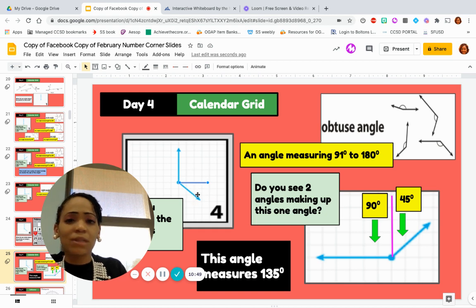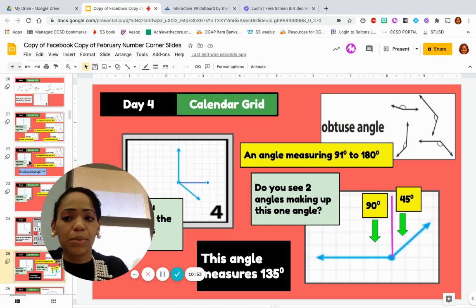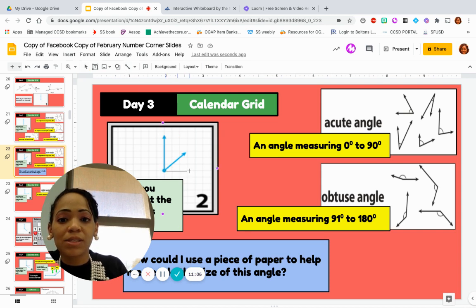Does it look like another calendar marker that we've already seen? Perhaps maybe on the 2nd? Yeah, and we figured out, and I can draw my line here as well, that this was 90, and so now we have half of that, which is 45 degrees.